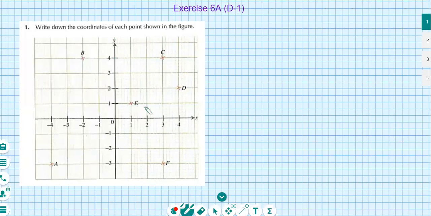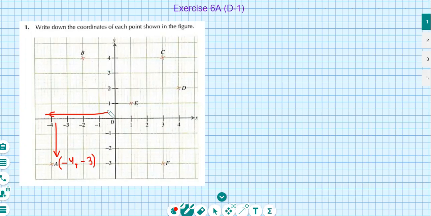Okay, so start from A. So this is A, and you can see that A is at -4 along x-axis, and along y-axis it is -3. So the coordinates will be, first we have to write the x coordinate, which is -4, and y coordinate, which is -3.